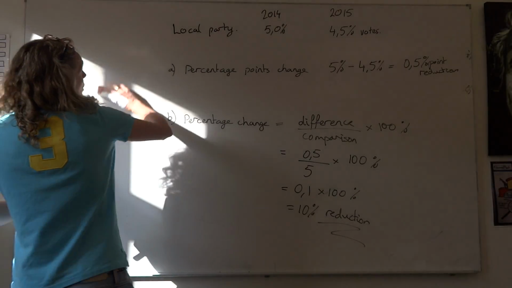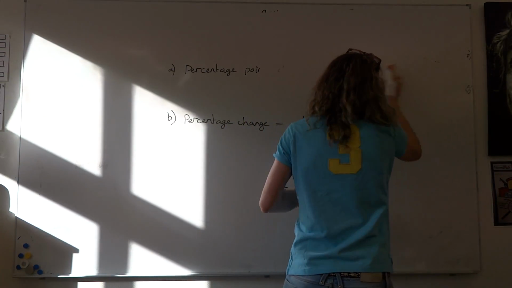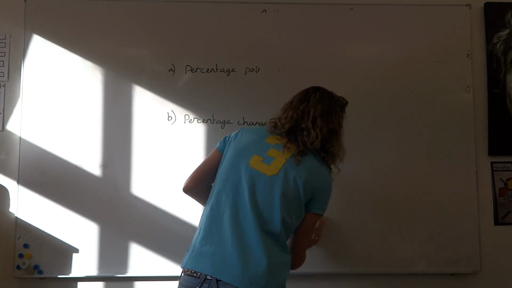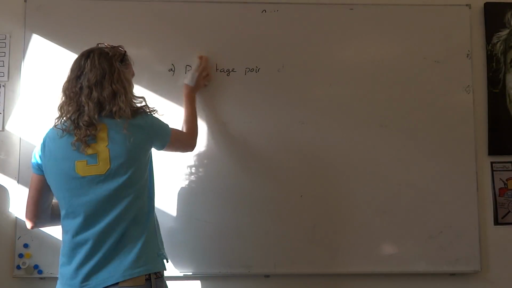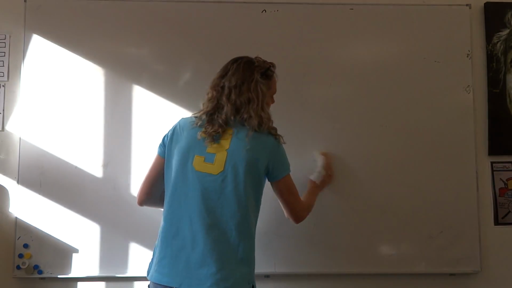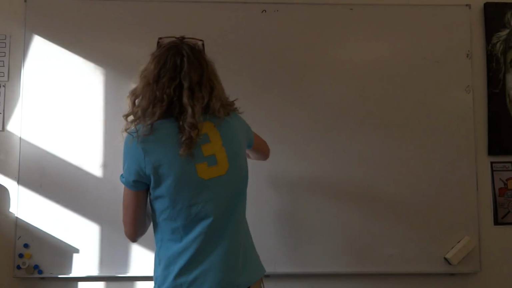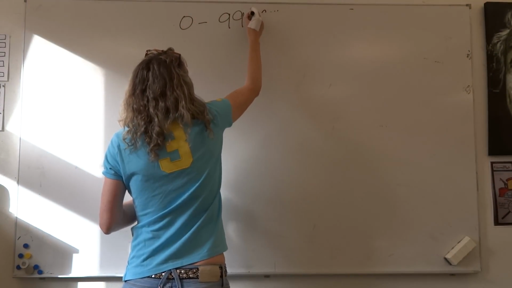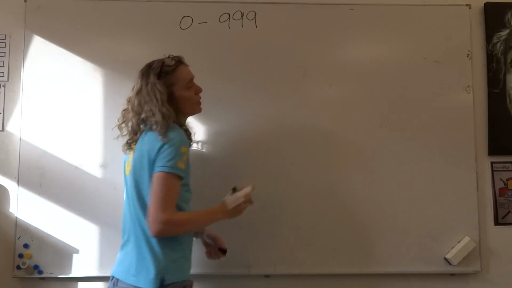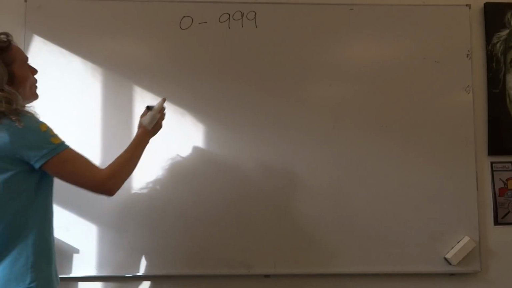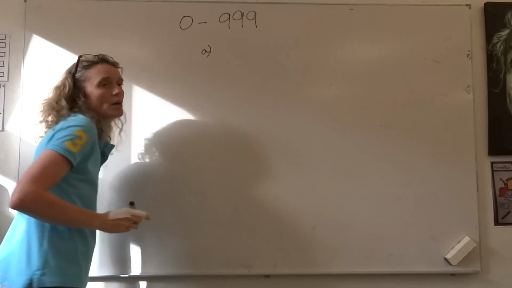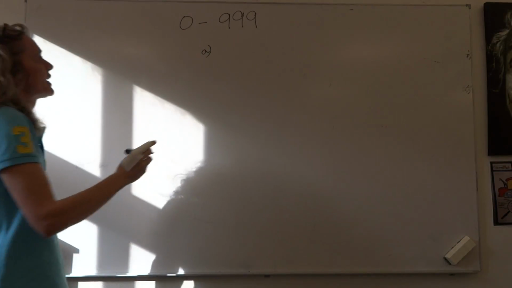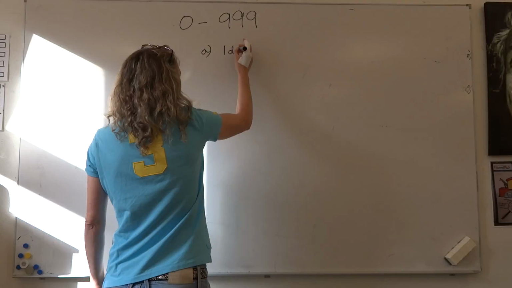Now we have a question about a computer, which is giving us random numbers between 0 and 999. Then it's asking us a lot of questions: what's the probability of us getting a 1-digit number?